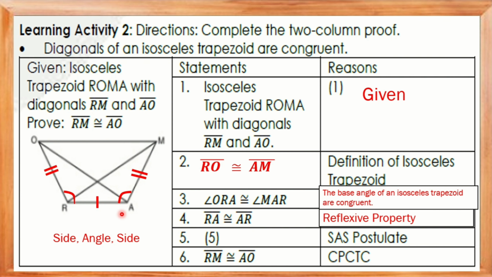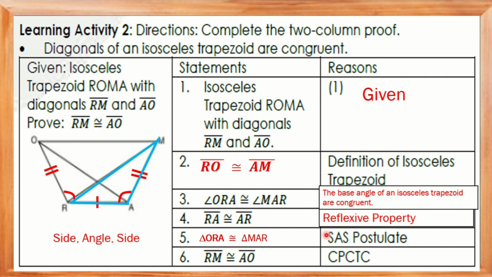At itong side RA ay congruent sa side AR, by reflexive property of congruence. Kaya itong triangle ORA is congruent to triangle MAR. Kasi kapag piniflip natin itong triangle na to, ito ay congruent dito sa triangle natin na nauna kanina by side angle side postulate. Okay, so yan yung ilalagay natin.